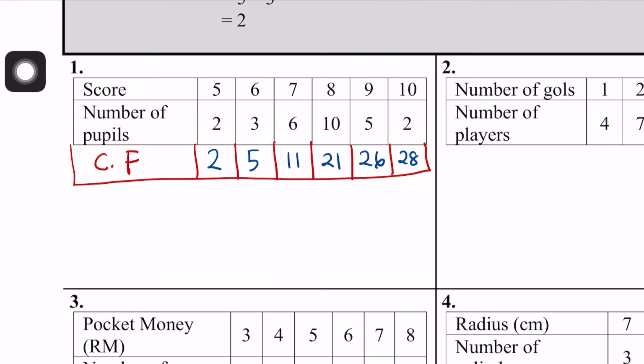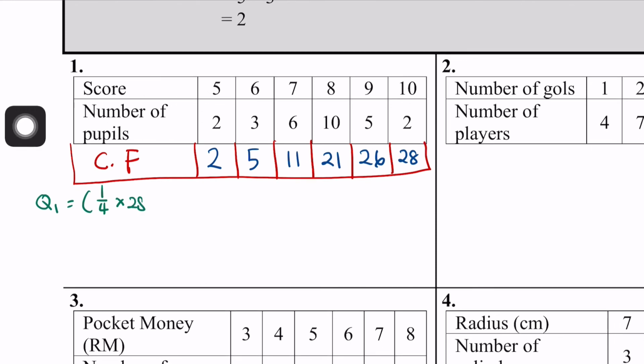So first quartile, rumus dia Q1 equals to 1/4 times, so berapa paling tinggi? 28. So kita ada 28 perkara di sini, 28 student. So 1/4 tambah TH. TH tu maksudnya kedudukan lah. So 1/4 times 28, you will get 7.